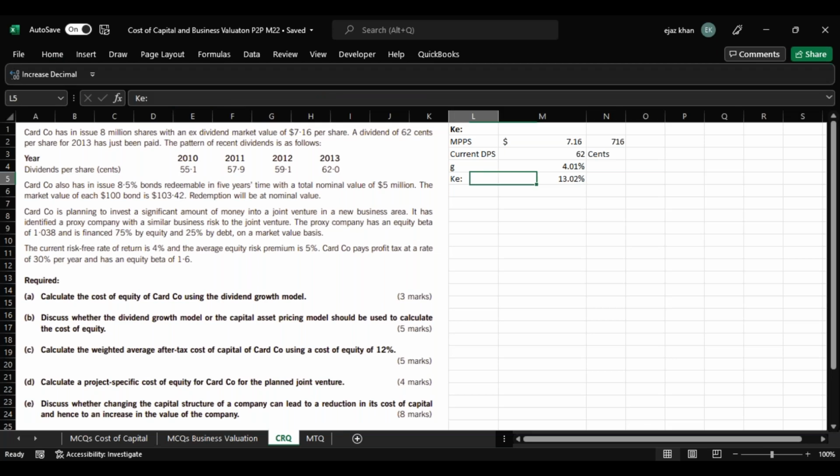So cost of equity is 13.02%. That's the first part.